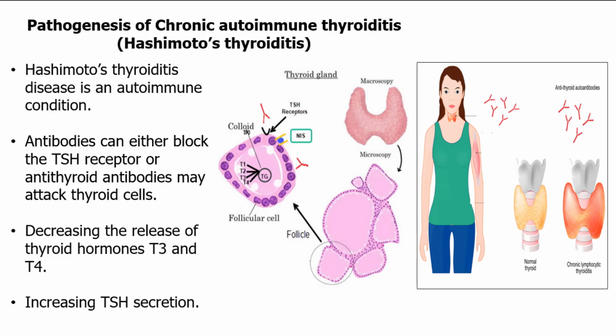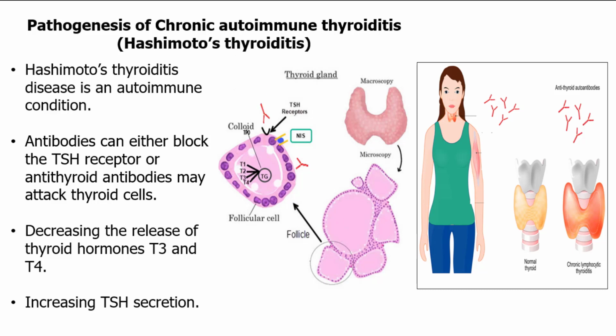The pathogenesis of chronic autoimmune thyroiditis, or Hashimoto's thyroiditis. Hashimoto's thyroiditis is an autoimmune condition whereby autoimmune antibodies attack and destroy the thyroid tissue. It could be either by blocking the TSH receptors, or the antithyroid antibodies may attack the thyroid cells.